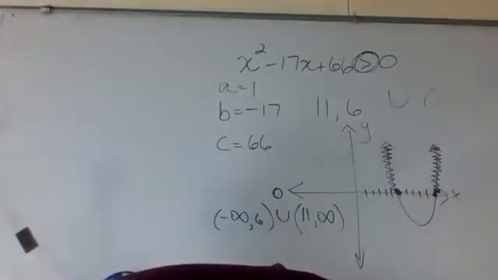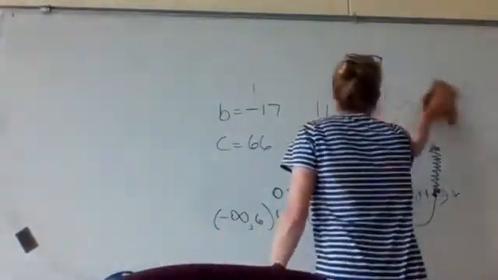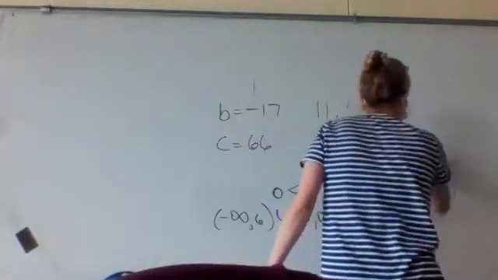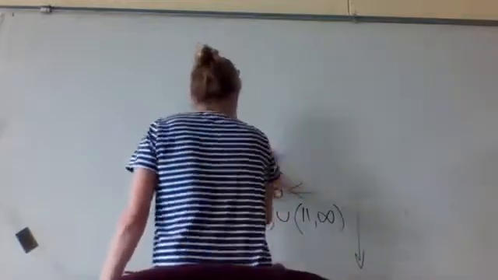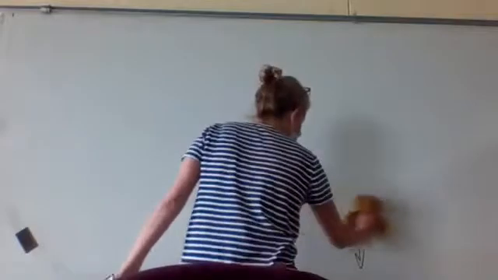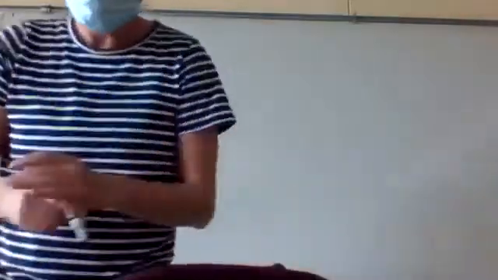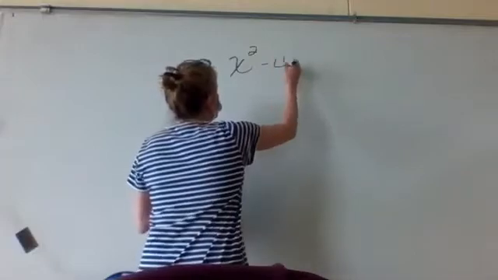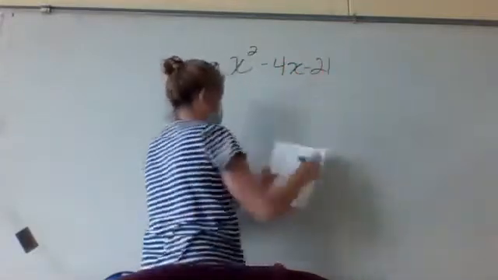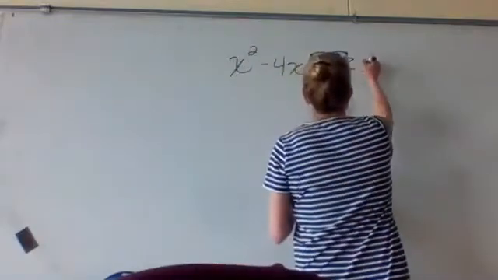Right, number 3. X squared minus 4x minus 21 greater than or equal to x minus 7.